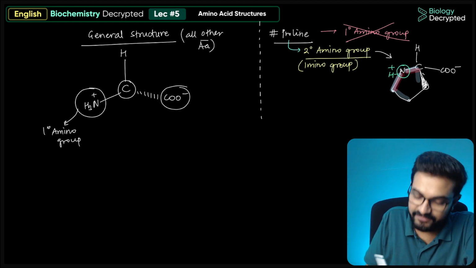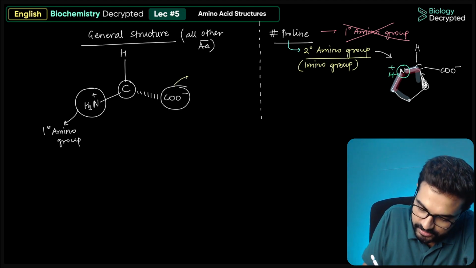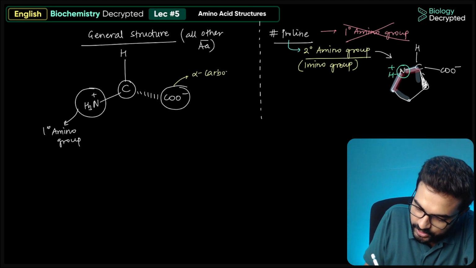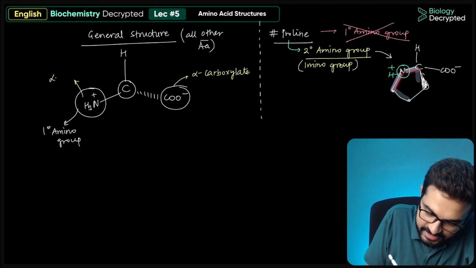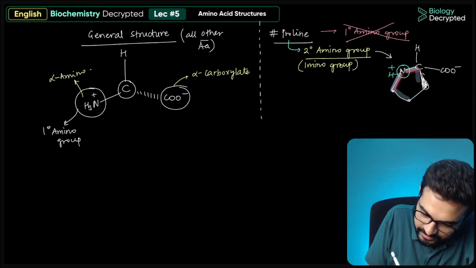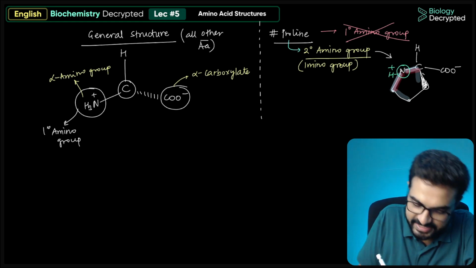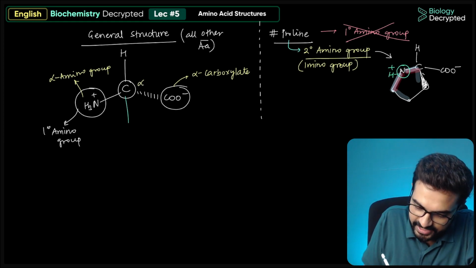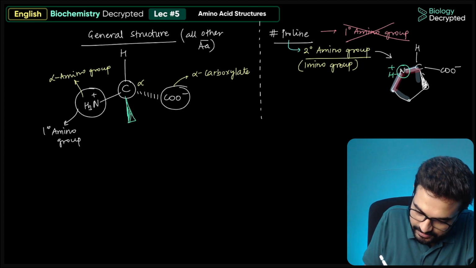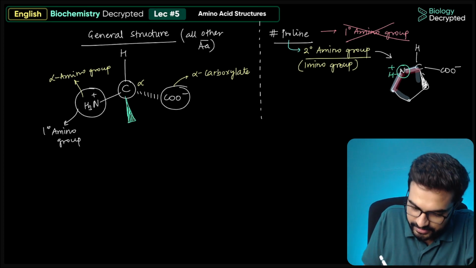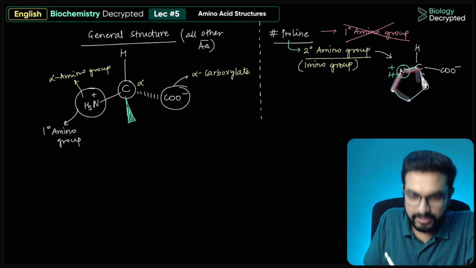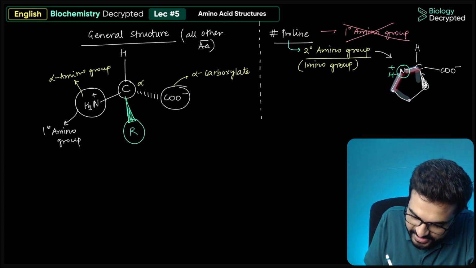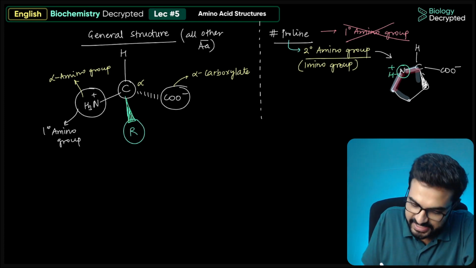This is your alpha carboxylate group, and similarly, this is your alpha amino group. And obviously this is the alpha carbon. To this carbon, the R group is attached, and the R group is obviously the side chain.